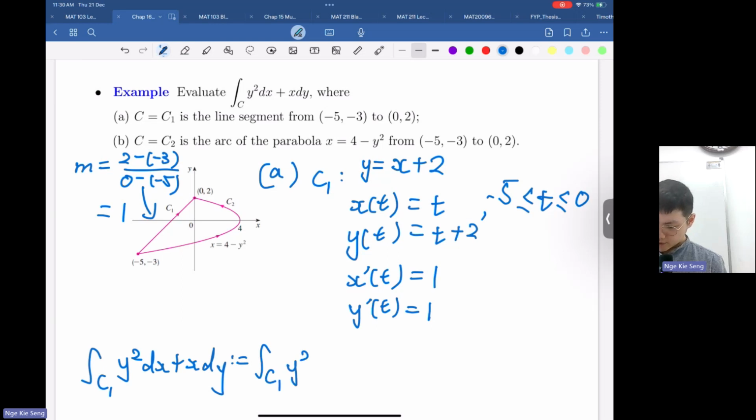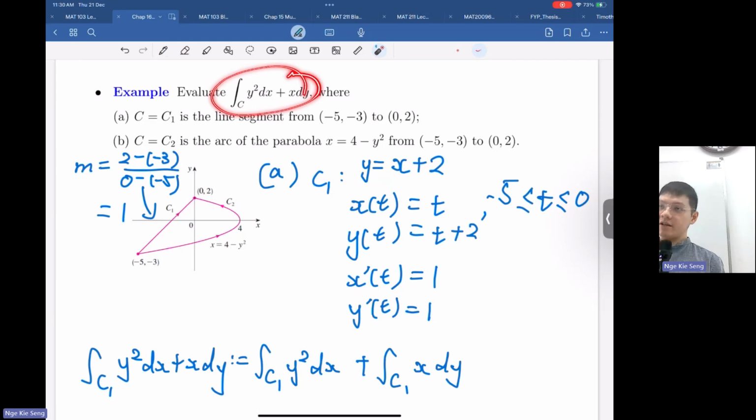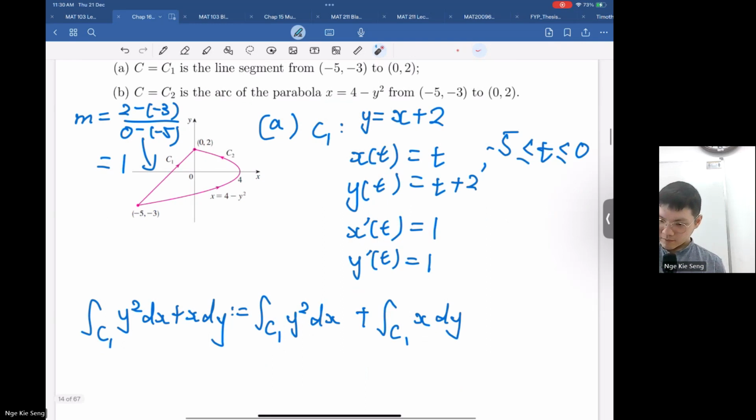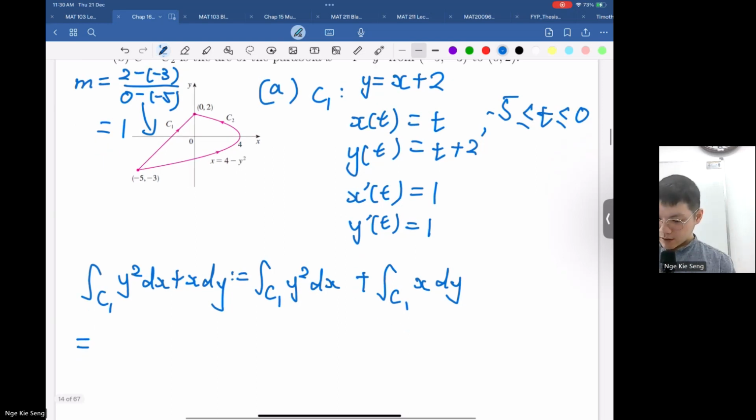Integrate over c1 of y squared dx plus integrate over c1 of x dy. And whenever you see this, actually you can split them. Okay, so what is this here? You integrate from -5 to 0, and then you evaluate y squared at y(t).